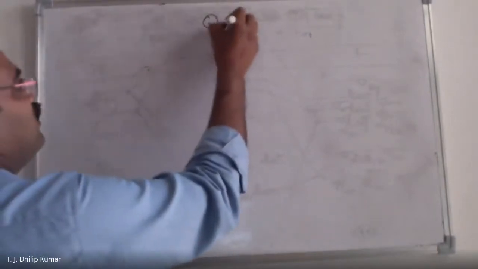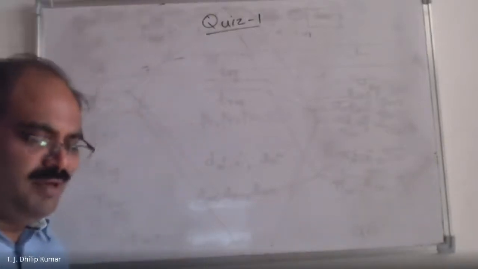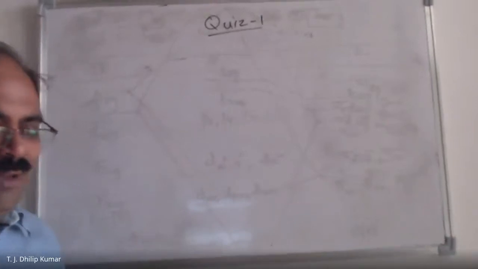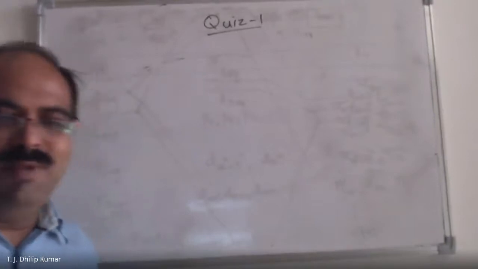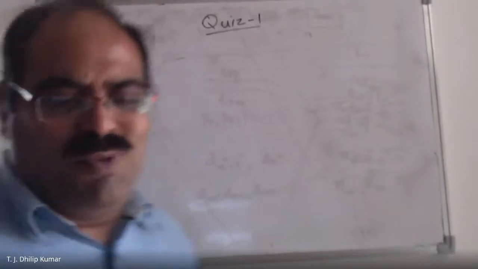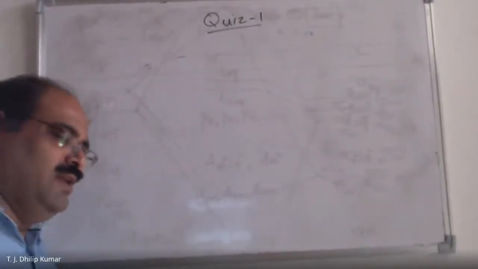This was quiz 1. You can compare it; I think you have the solved papers with you, but anyway, I'm going to give the evaluated one. I reduced 1 mark for a 3-minute delay, 2 marks for a 6-minute delay, and 3 marks for a 9-minute delay. If you were 1 or 2 minutes late, it's okay, I just left it.